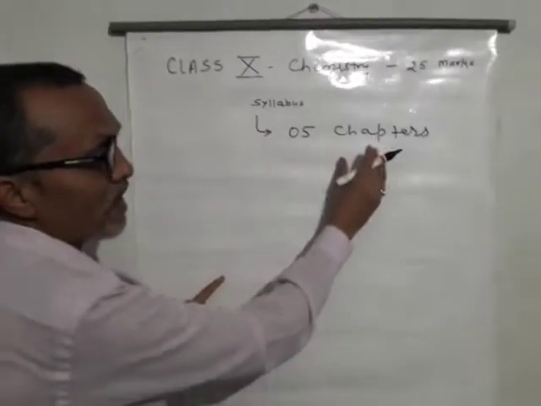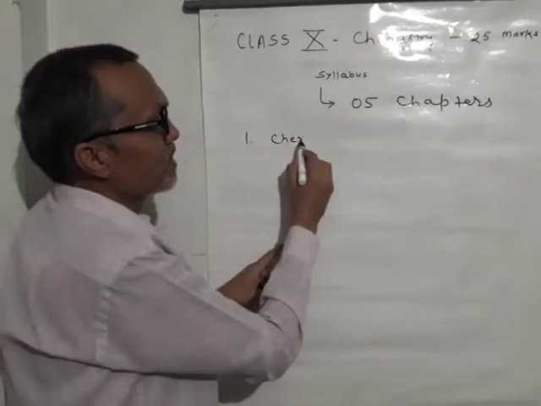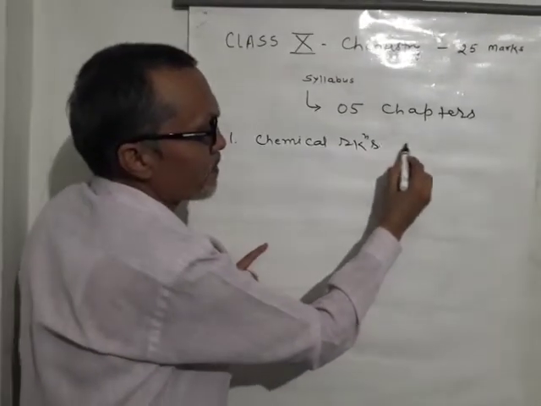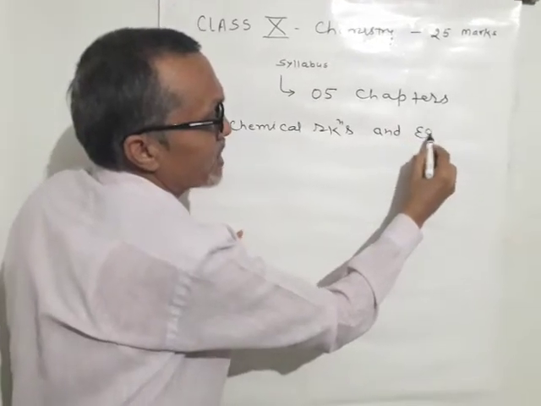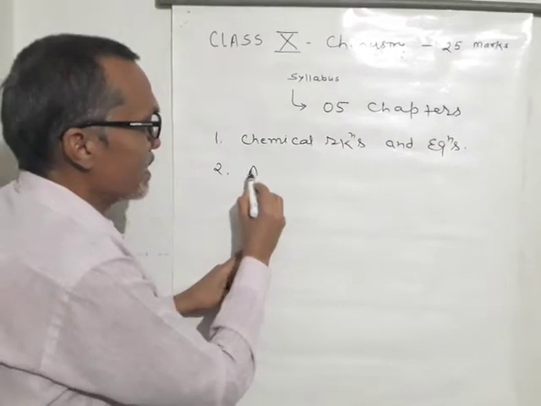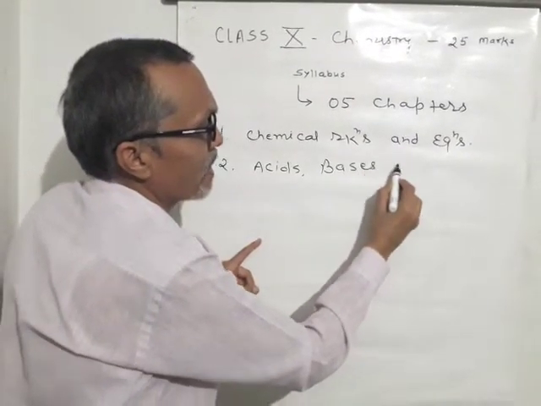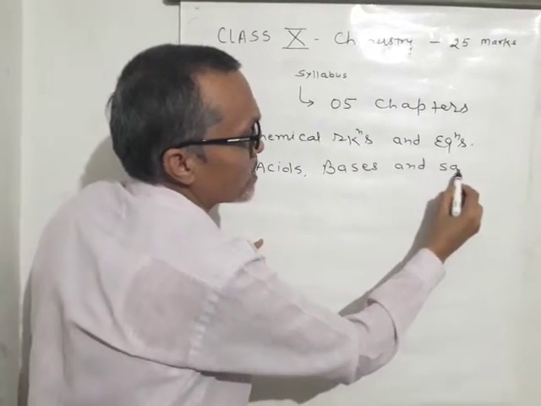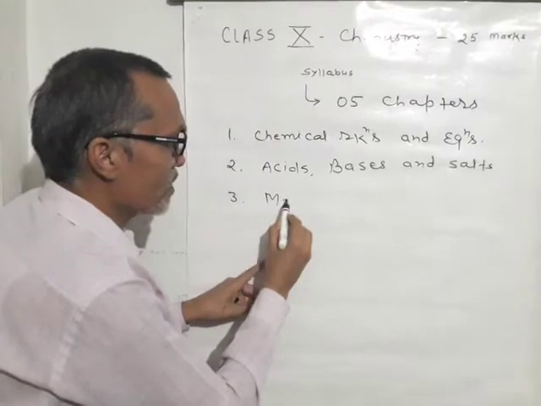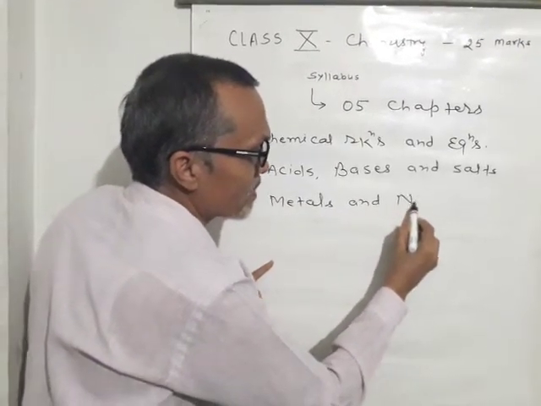In these 5 chapters, the first chapter is chemical reactions and equations. Second chapter, acids, bases and salts. Third chapter is metals and non-metals.